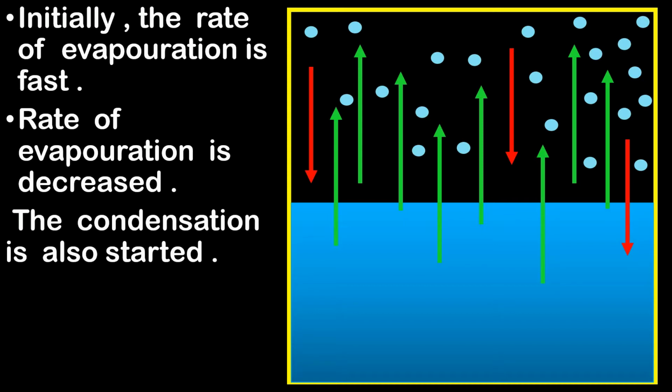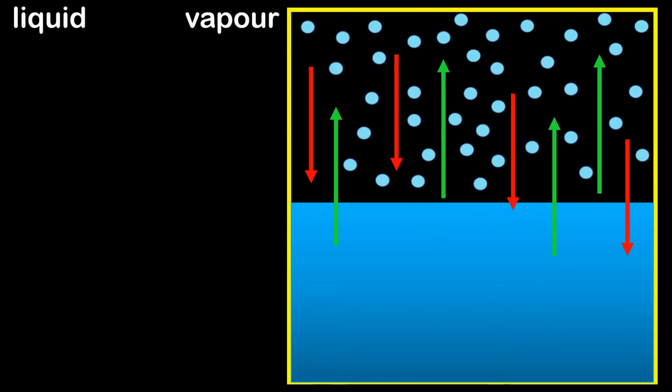Now again, after some time, you reach a stage, and at that stage you observe that a dynamic equilibrium is being established. Now, what is the meaning of this dynamic equilibrium? Dynamic equilibrium means that the amount of liquid getting converted into vapor will be equal to the amount of vapor getting converted back into liquid.